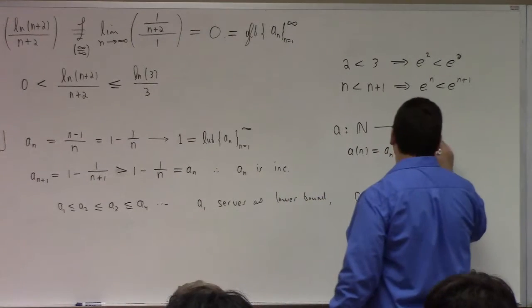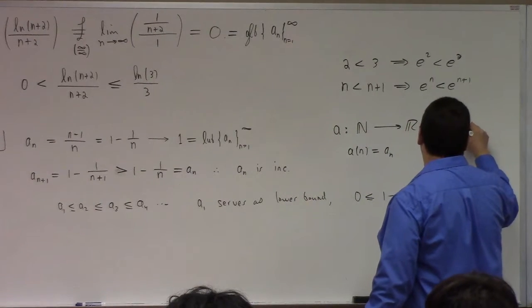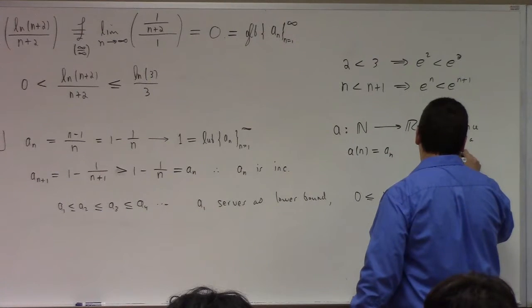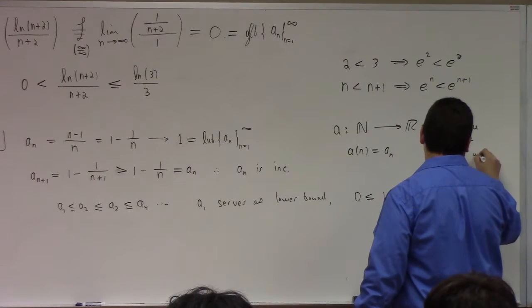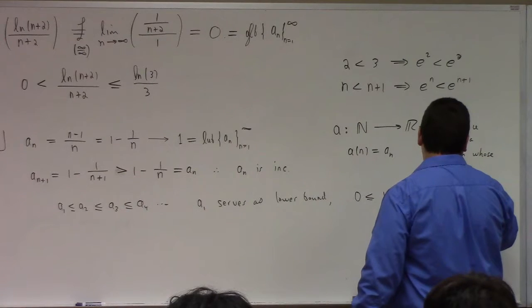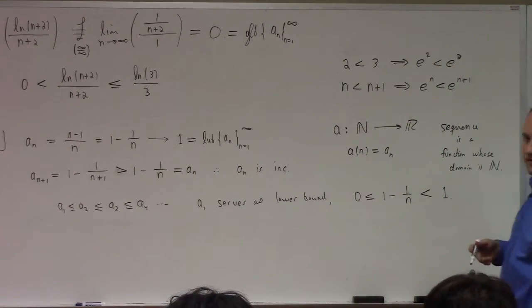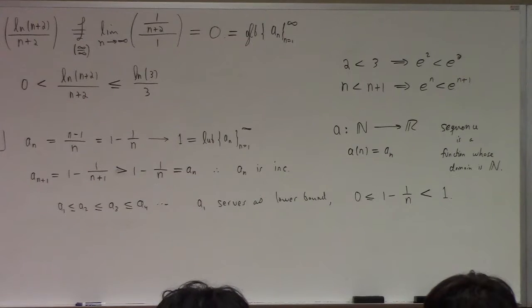A sequence is a function whose domain is N, exactly. You can also look at sequences of complex numbers if you just replace the R with C. You can look at sequences of functions if you want.